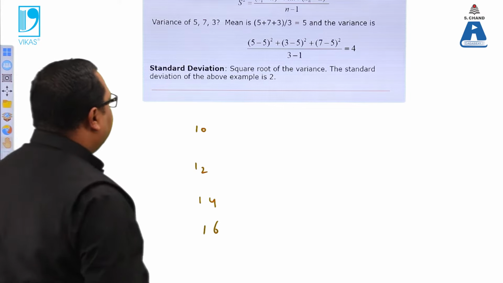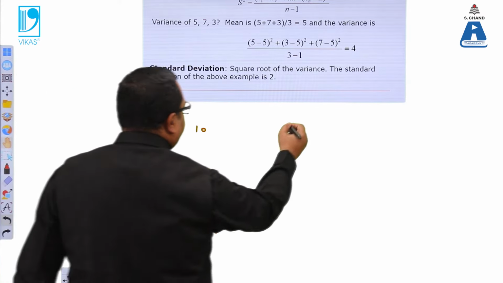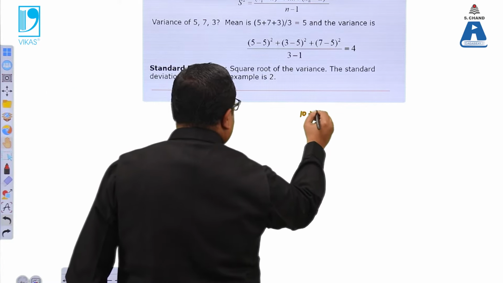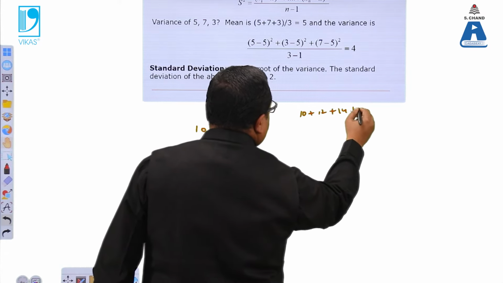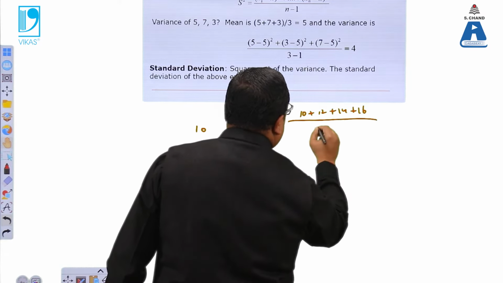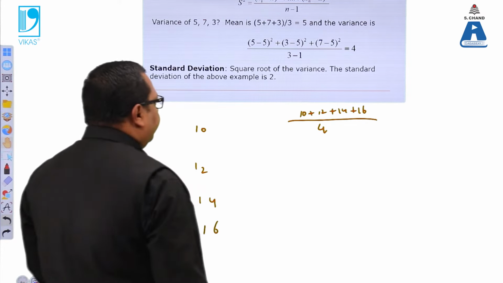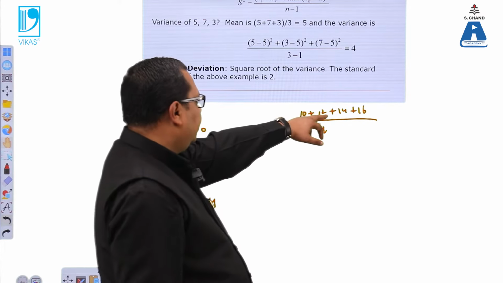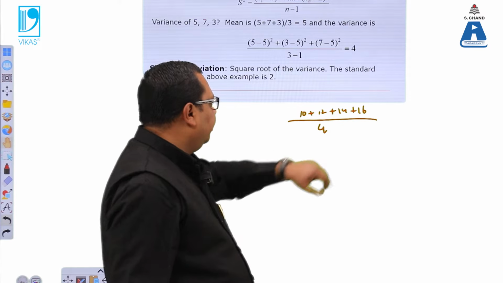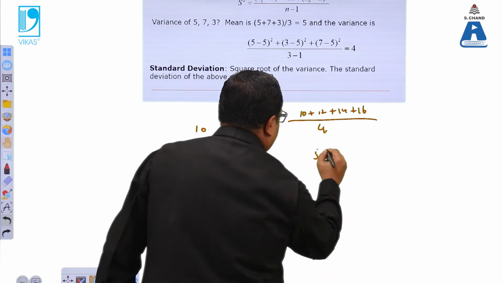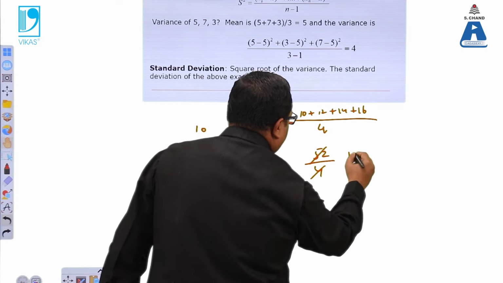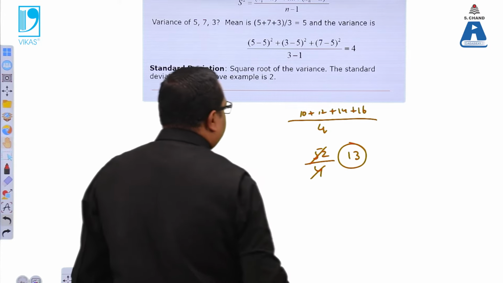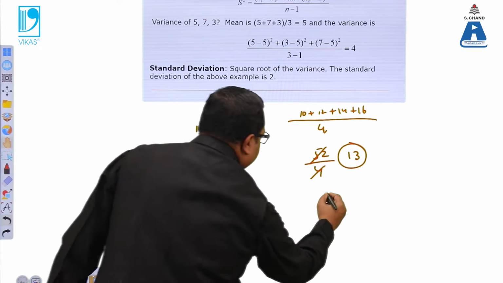The first thing we calculate is the mean. The mean of the data will be 10 plus 12 plus 14 plus 16 over 4. So it is 22 plus 14 is 36, plus 16 is 52, divided by 4. So the mean will be 13. So x bar is 13.